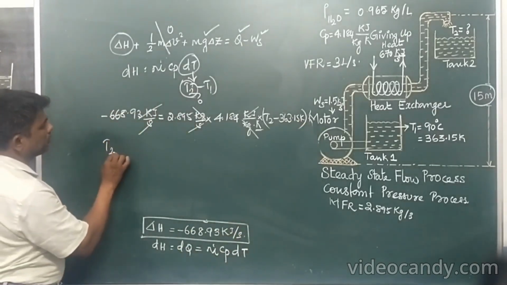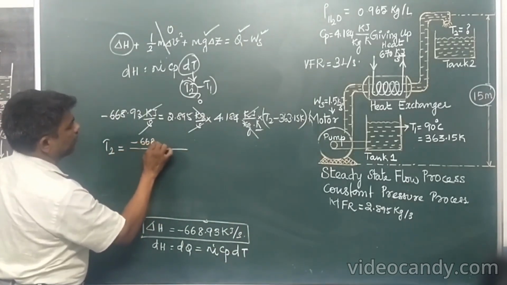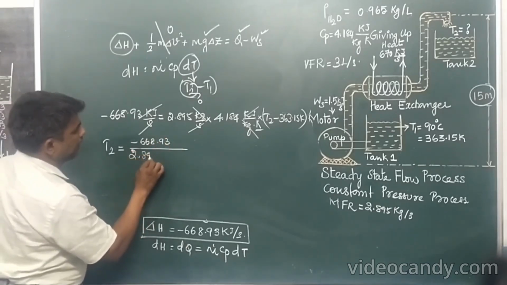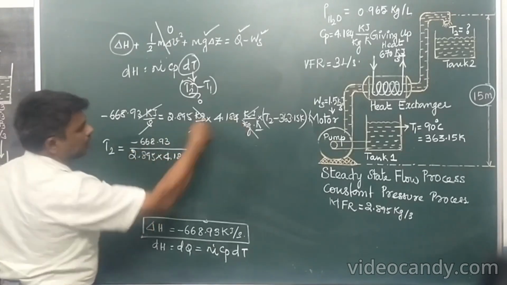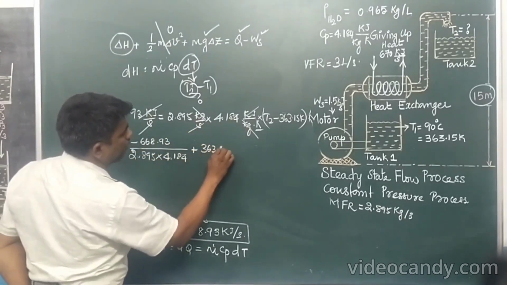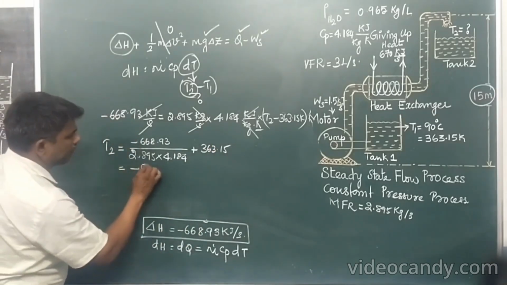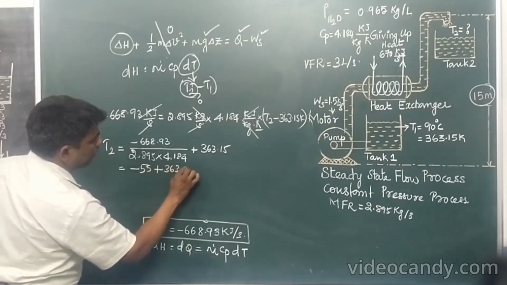So T2 is equal to minus 668.93 divided by 2.895 into 4.184, plus 363.15. The answer is minus 55.25 plus 363.15.